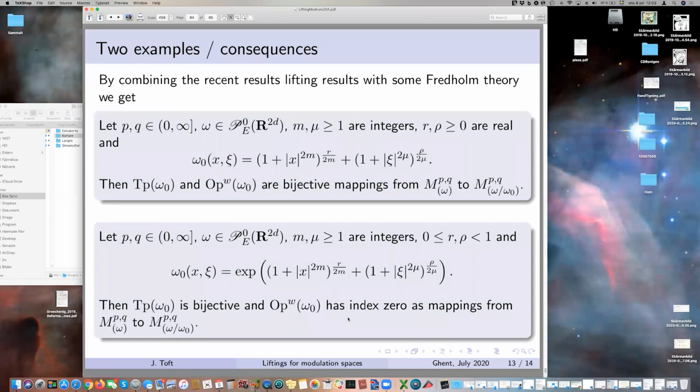Other questions or comments? You can use some inverse closedness results, right? After this, you can in principle state something about inverse closedness. Yes, do you mean with the index result or with the bijectivity?